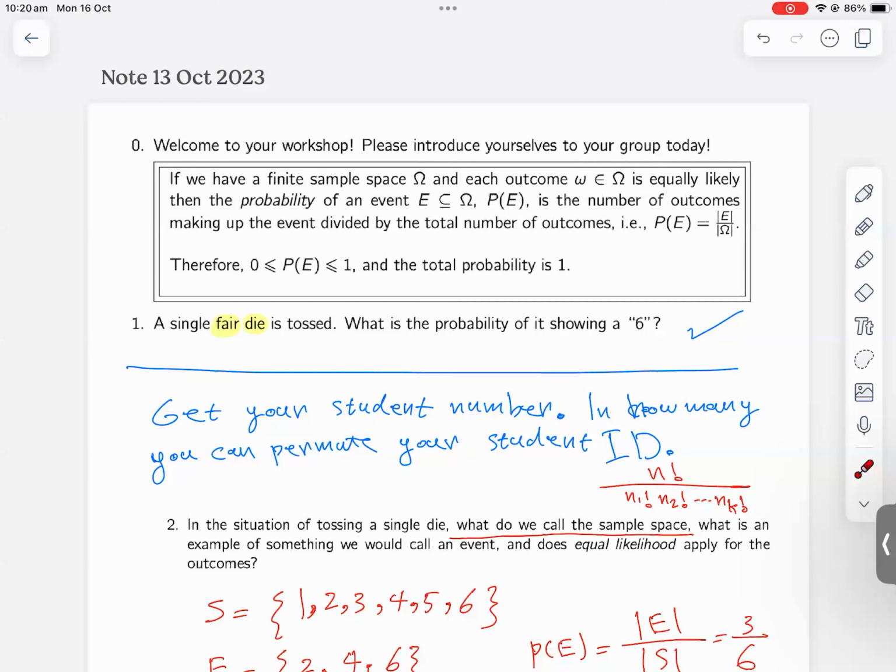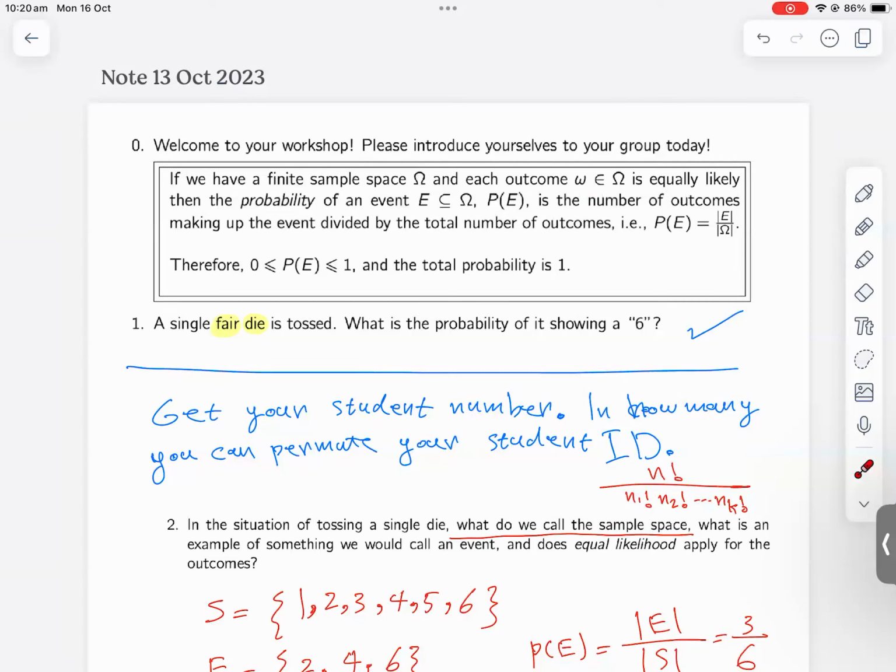You might see this question, or I'm not sure actually. This was similar to a question in last year's final exam. Every student needed to permute his or her student ID.